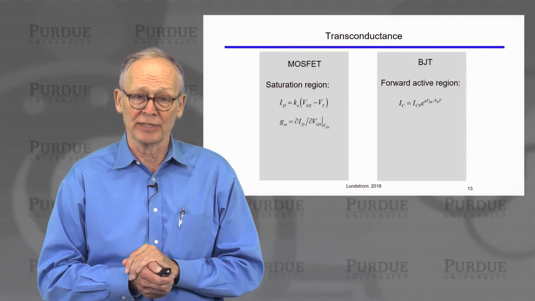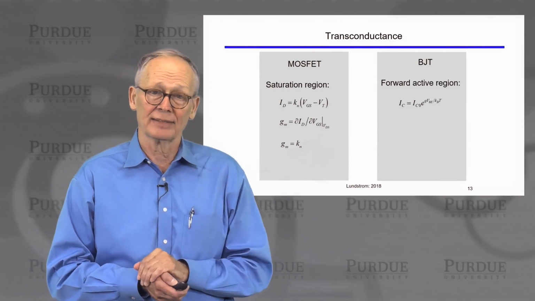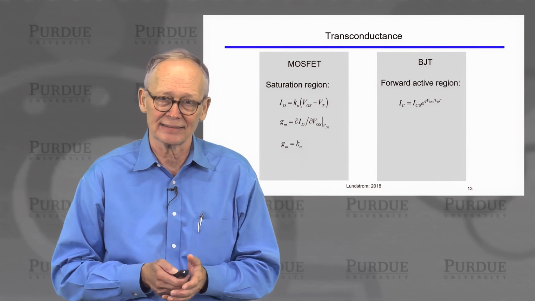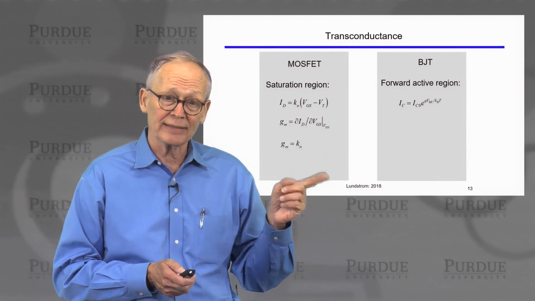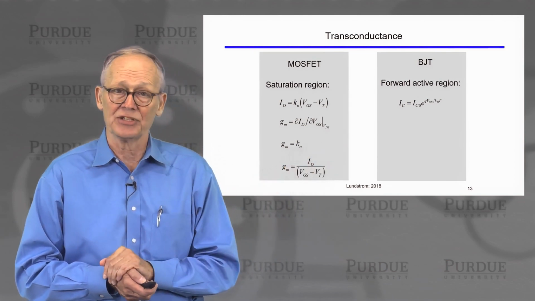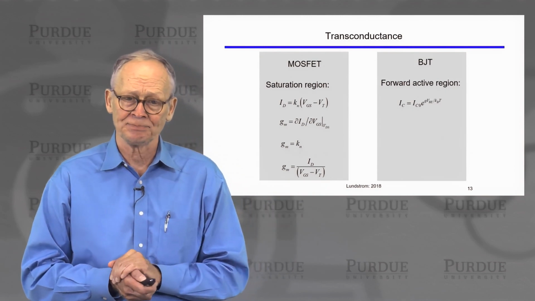Transconductance, we just differentiate output current with respect to input voltage. The transconductance of the MOSFET is just these set of constants, oxide capacitance, saturation velocity, things like that. I can rewrite that expression as output current divided by VGS minus threshold voltage. That's just another way of writing the same quantity.